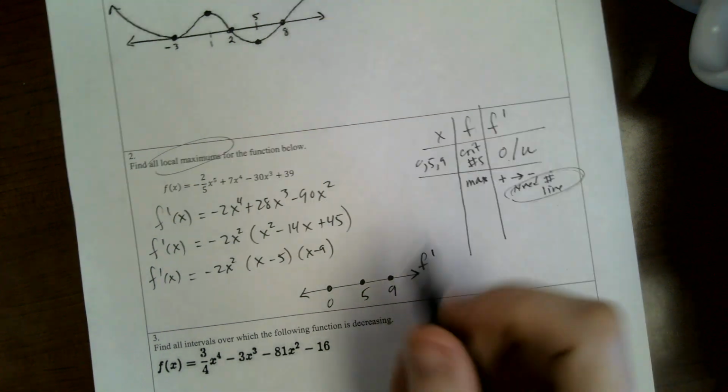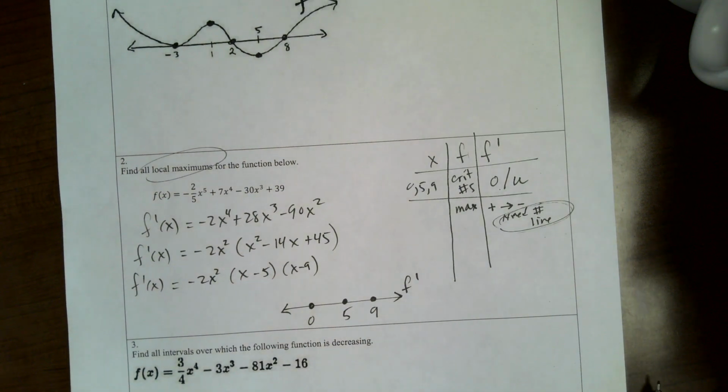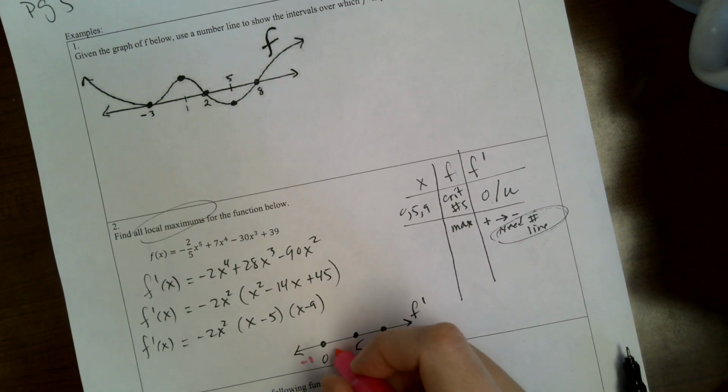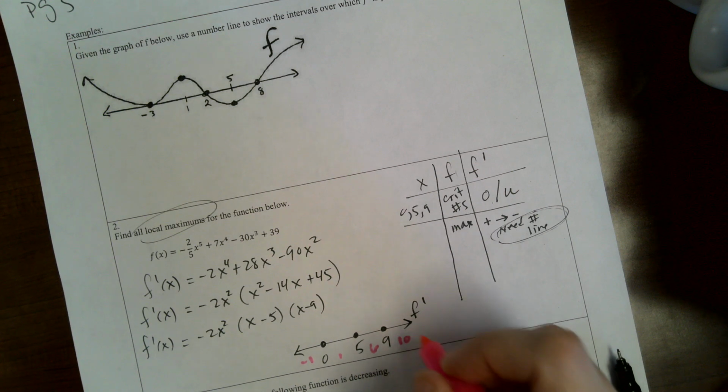Okay, so testing points. I'll choose a different color. All right, so I'll plug in -1, 1, 6, and 10.